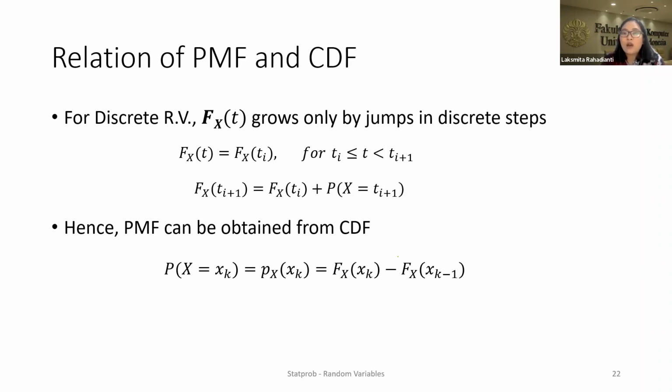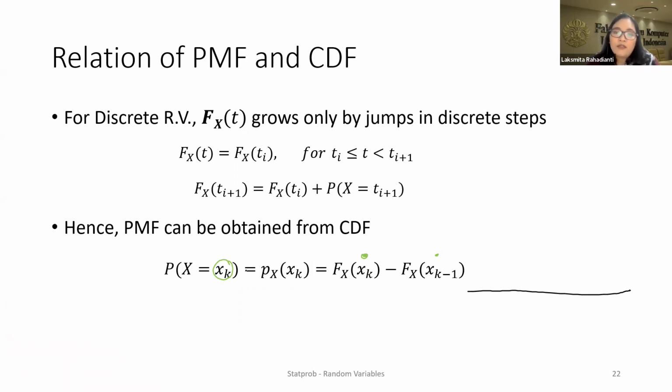However, the other way is also valid. Remember, when we were computing the differences between two values, this is the PMF of a certain value, right? I can also compute that by taking the difference between the CDF of that value minus the CDF of the value beforehand. I'm going to show you a visualization of that.